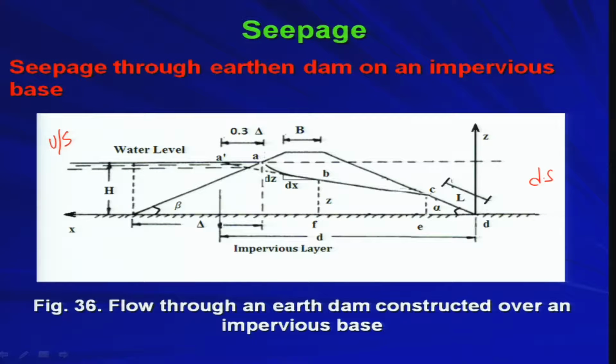Okay. Now, if you see the flow through the earthen dam, what will happen? This is the entry point, point A, small a, the entry point of the water, right, and it will go all the way through B and C, and then finally it will flow along the surface of the downstream slope. I hope you have understood.